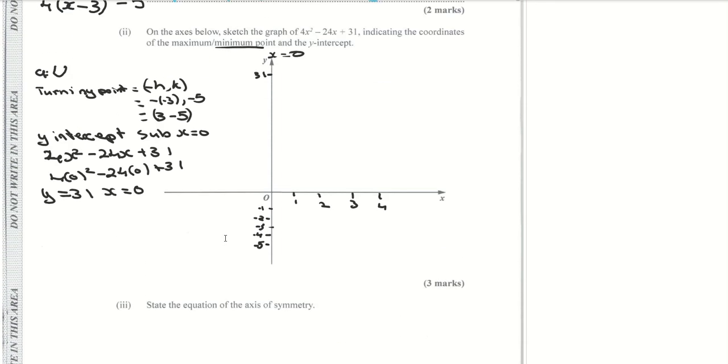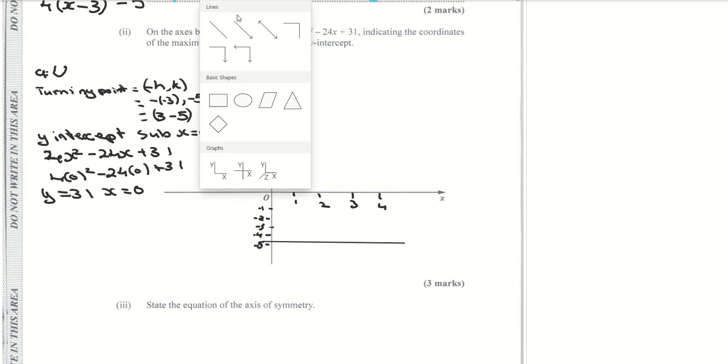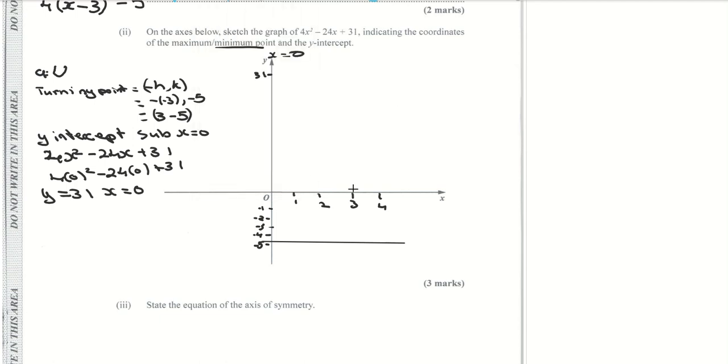What you're going to do is you are going to have a ruler. Obviously I don't have a ruler on here, so you're going to take a shape, put it at 5, and then you're going to go down at 3.